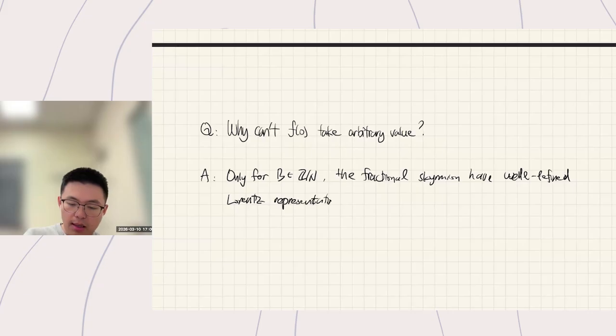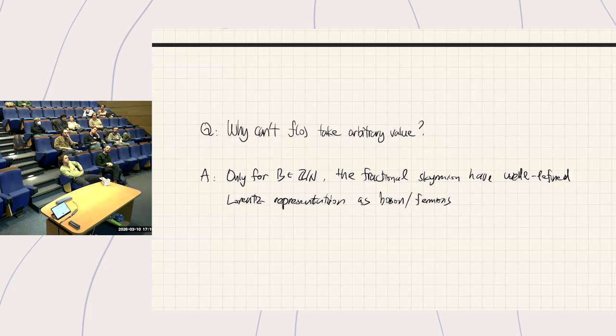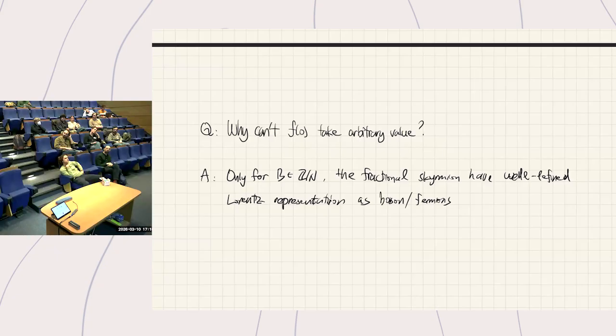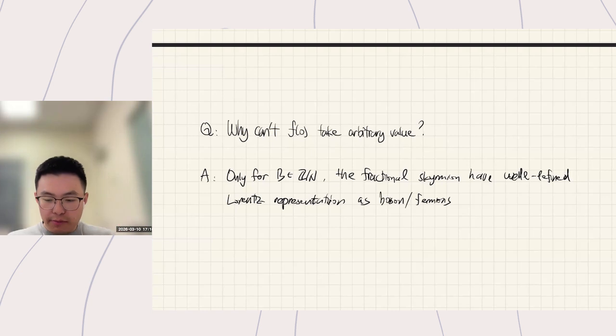If you take any other values of f0 such that b is not properly 1 over n quantized, then the fractional skyrmions you get don't have well-defined Lorentz representations. When I say well-defined Lorentz representations, that means the fractional skyrmions behave as bosons or fermions. This is from some interplay with the statistics from the Wess-Zumino term. Exactly, that's right. I'll say a little bit more about that. But I give you a spoiler already.